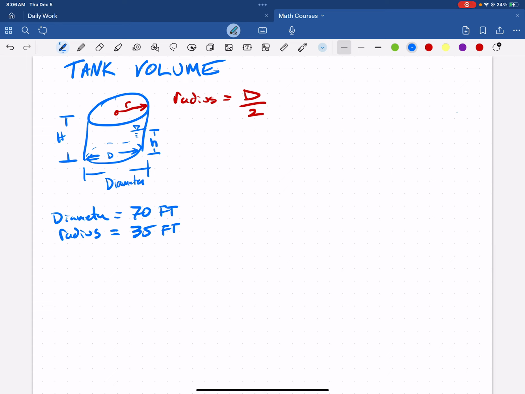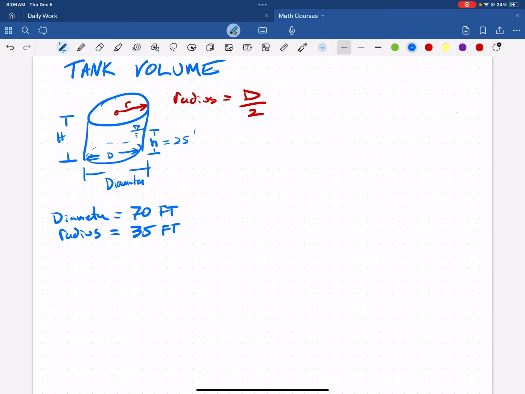Generally tanks need to have an overflow so you don't overfill them. The total height of the sidewall is some number which I don't really care about. We really care right now about the height of the water in the tank, our little h, which is equal to 25 feet. That's the maximum depth of water that we can have in our tank.